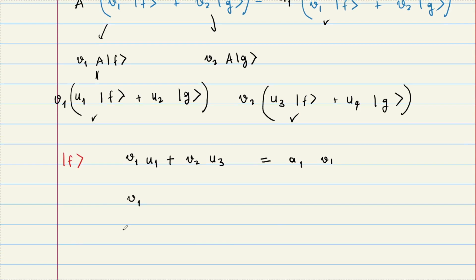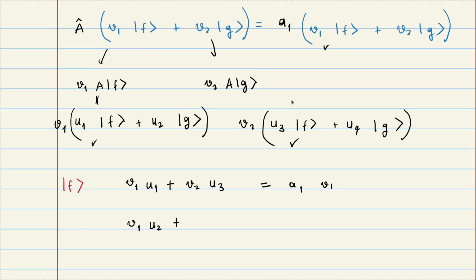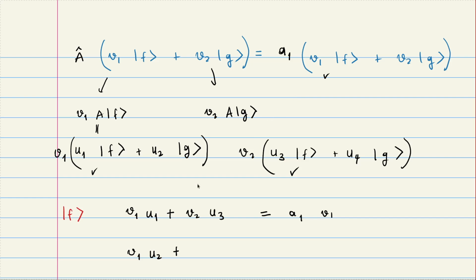Now this is V1 U2 plus... so V1 U1 plus V2 U3 is the coefficient of F. Okay, this is the coefficient of G. So this is V1 U2 plus V2 U, which one?